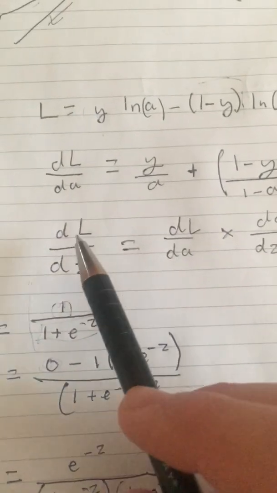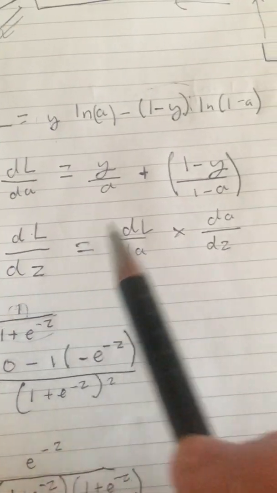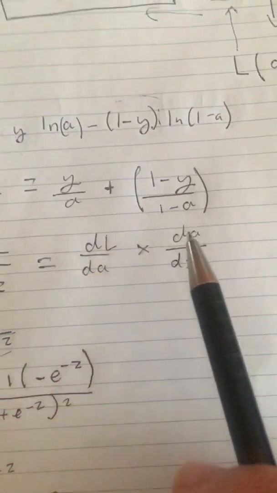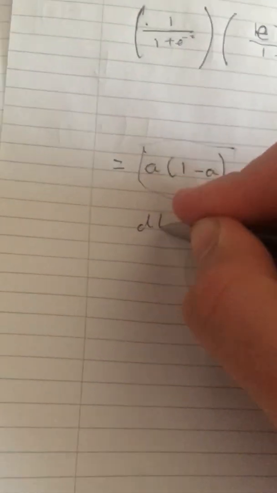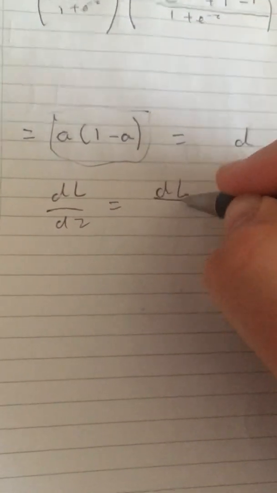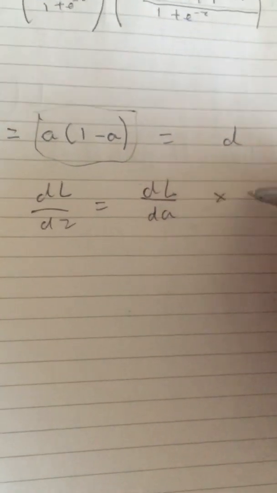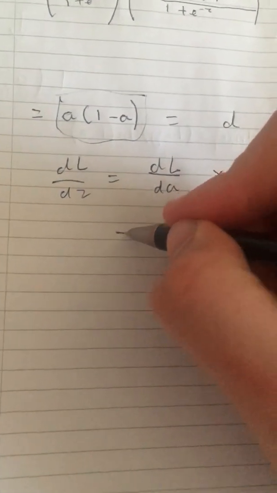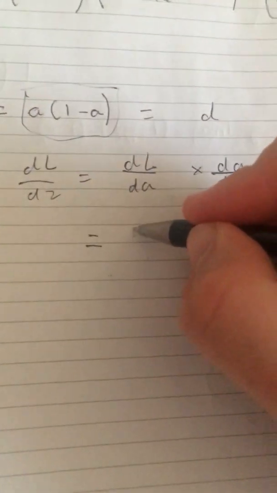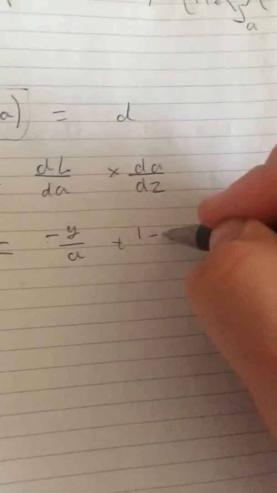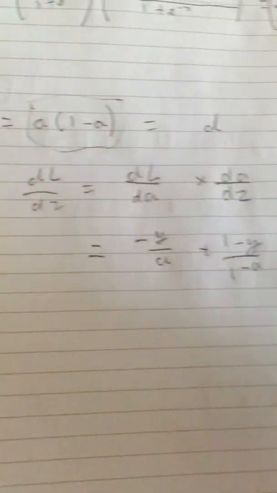And now we can find the derivative of the loss with respect to z by multiplying the derivative of the loss with respect to the activation by the derivative of activation with respect to z. So we can do that here. dl over dz is dl over dA multiplied by dA all over dz, which we know is minus y all over a, add 1 minus y all over minus a, so that's dl over dA.